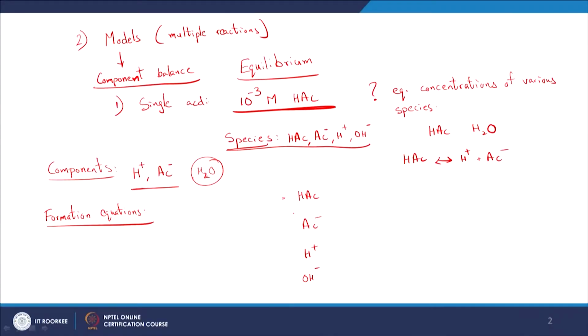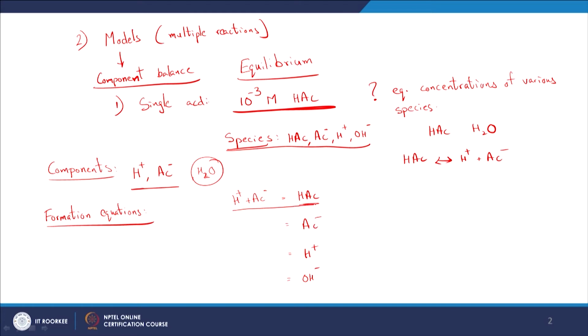We do not list it as a species because in dilute systems we assume the water concentration does not change. That is why we do not list water as a species, though it is always considered a component. So here we are trying to form the species from the various components. Let us see how: we have H plus as one component and AC minus required to form HAC.